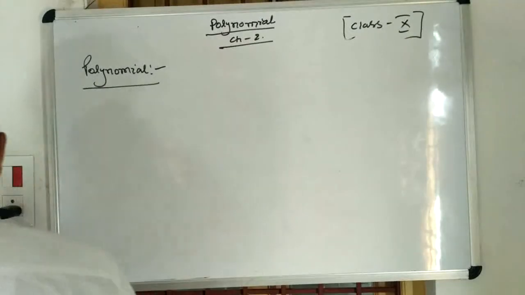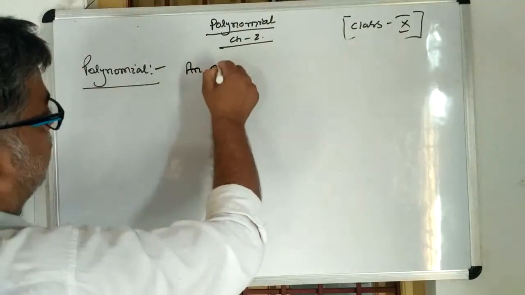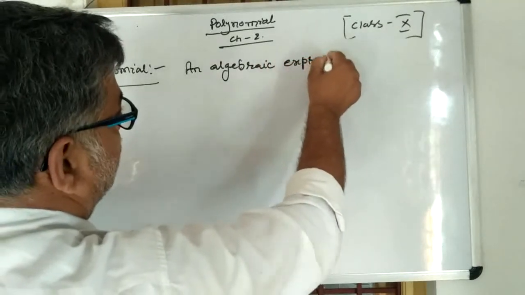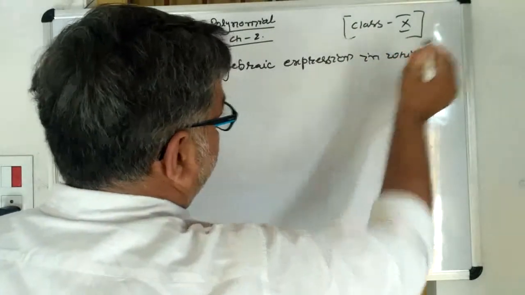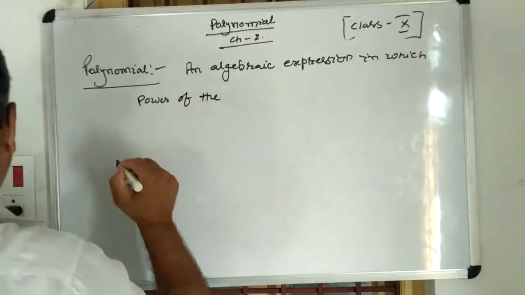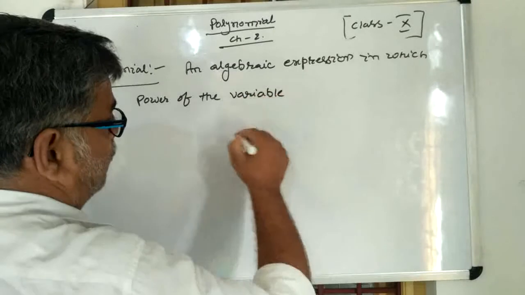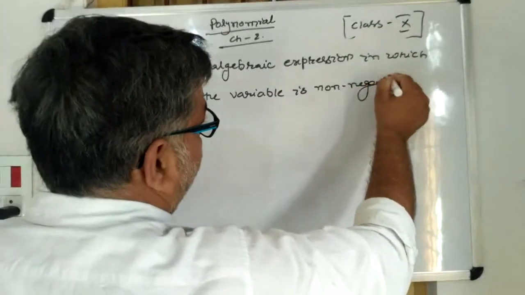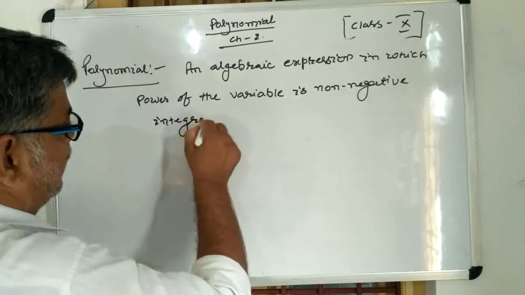The definition of polynomial will be: an algebraic expression in which the power of the variable is non-negative integral only.